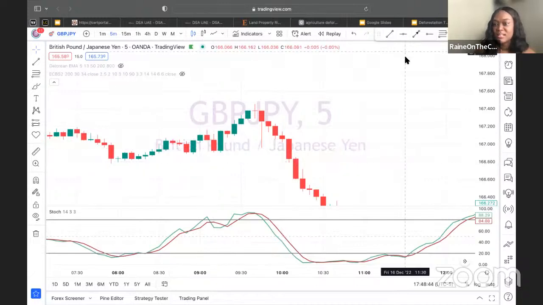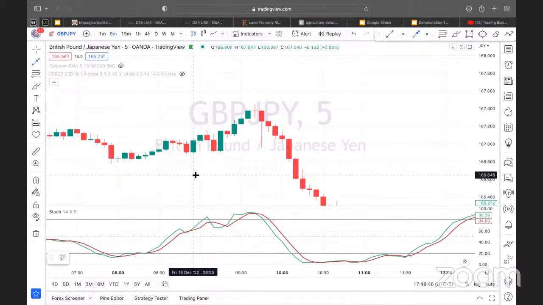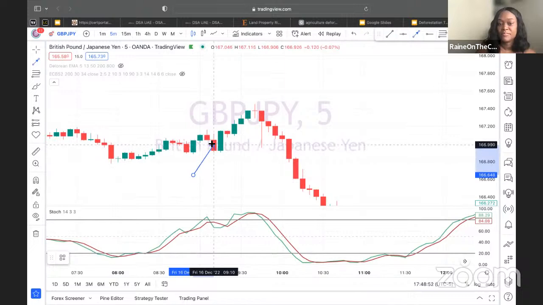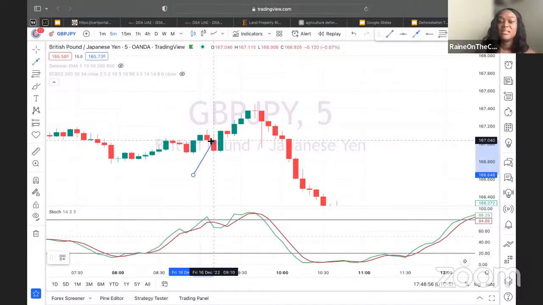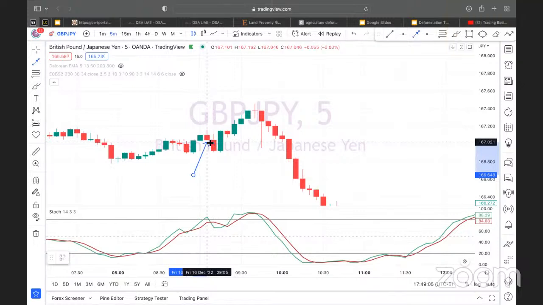It looked like it opened at the top of the body. It absolutely opened at the top. Why do you know that it opened at the top, Bernie? Because the previous candle closed at the bottom.